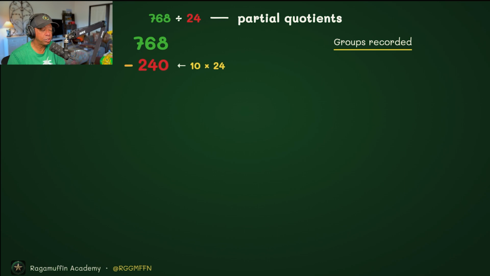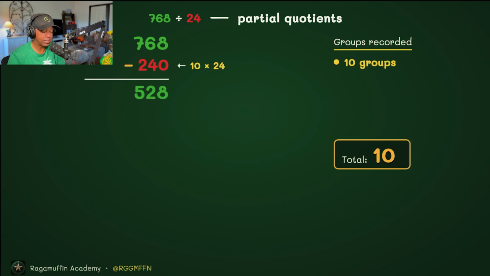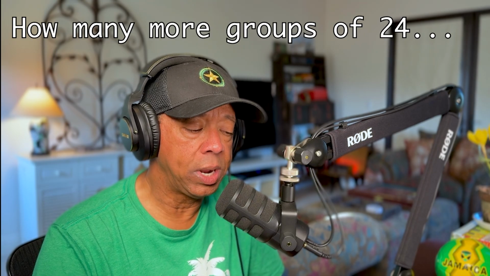768 minus 240 equals 528. I've taken out 10 groups of 24. I have 528 left, and I have 10 groups recorded so far. Now, I ask again, how many more groups of 24 fit into 528?